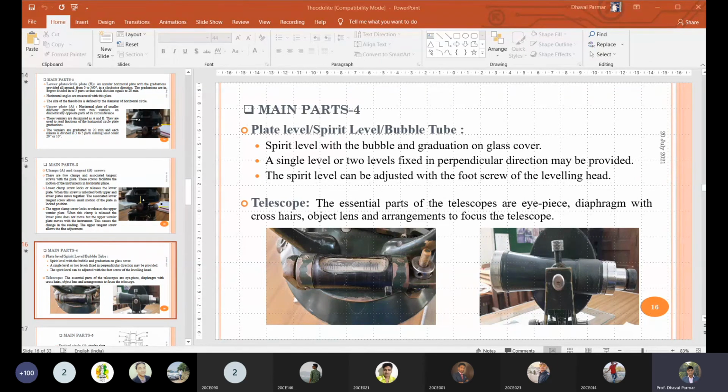Don't worry, but it takes some time, about 1 or 2 weeks. First we need to go through the theory, because if I showed you directly, you couldn't understand which part is the screw, the tangent and the vertical plane. Okay, thank you, sir.